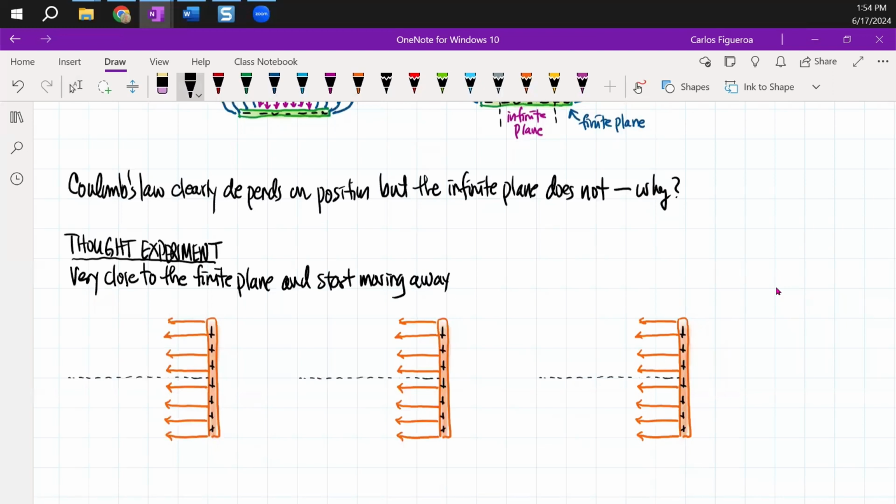If I'm right here, that's my point P. Let me make this a little bit farther away. I'm going to say that this is my point right here, P. And I'm going to call this number 1, number 2, and number 3. So this is situation number 1.